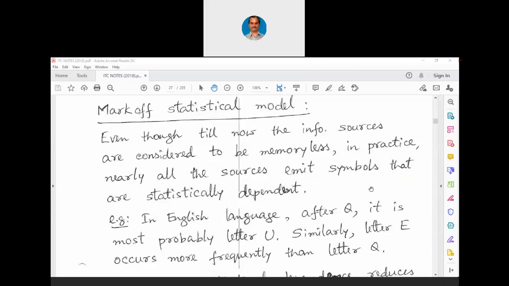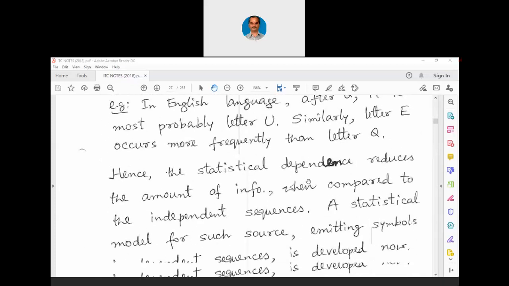Now their dependency is going to be measured by means of a model called the Markov model. Let me continue with this definition. Hence, the statistical dependence reduces the amount of information when compared to the independent sequences. See, the statistical dependence reduces the amount of information when compared to the independent sequences.